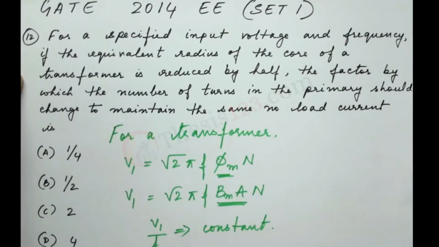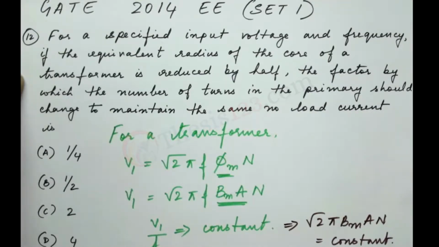That implies that root 2 pi Bm is also constant. This is because the flux in the core must remain constant, and this is also because in order to maintain the same no-load current.